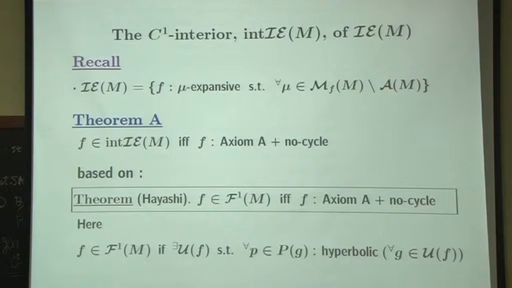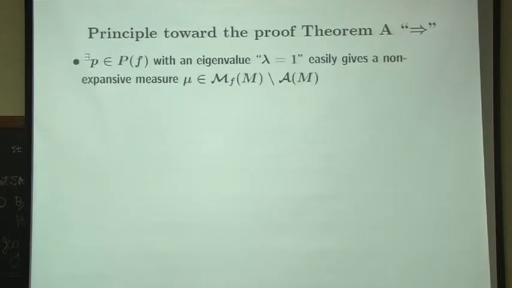So I'm just trying to explain the principle of this part. Suppose that there exists a periodic point with an eigenvalue equal to 1. I assume it is non-hyperbolic. Then it is easy to construct the expansive measure, the non-expansive measure.